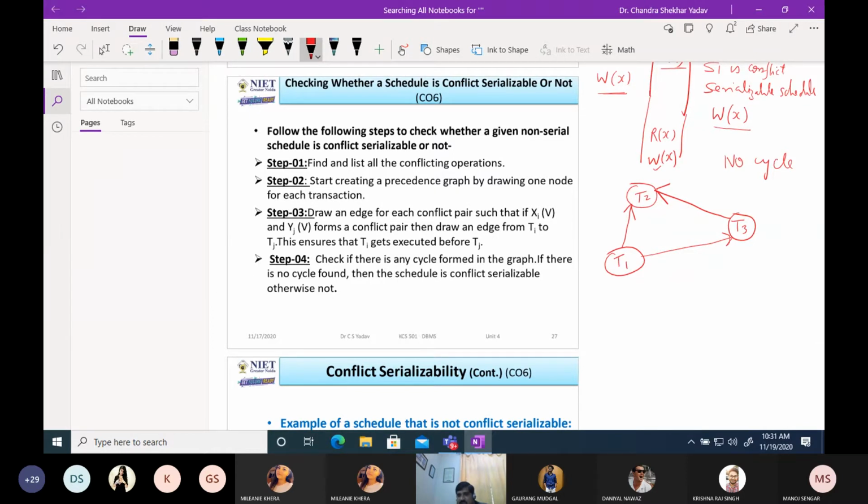T1, then T3, then T2. So see here, T1 will be executed before T2 and T3 through this graph, and T3 is executed before T2, and after T1 we will write T3 and T2. So this serial schedule we get. That's why I am saying that S1 is a conflict serializable schedule.